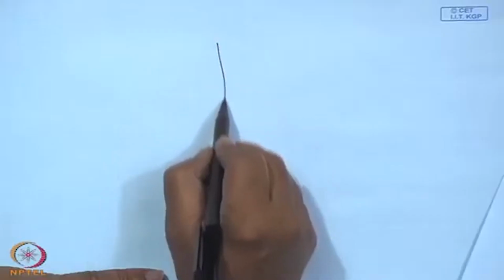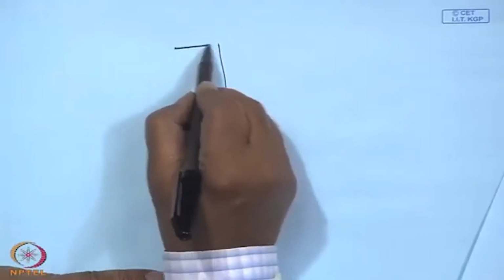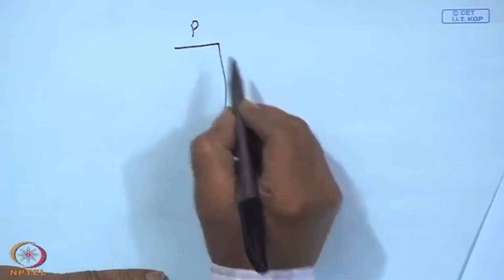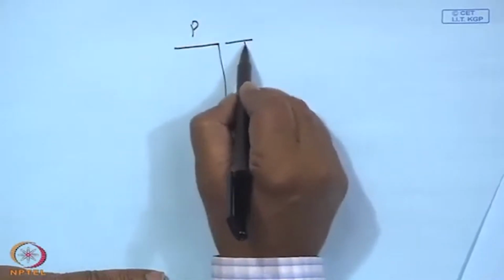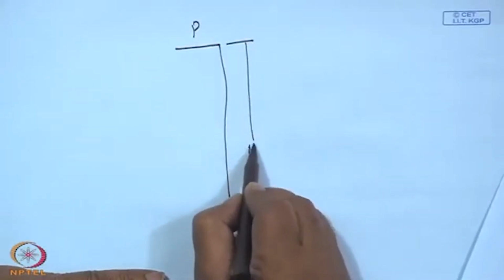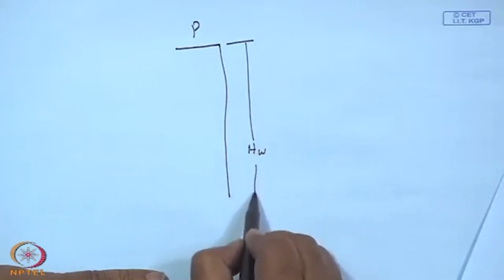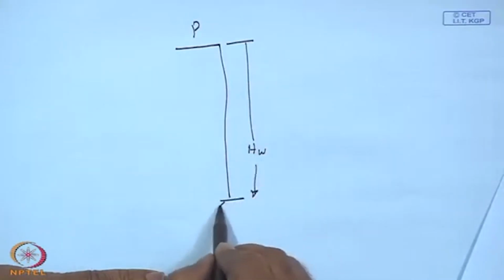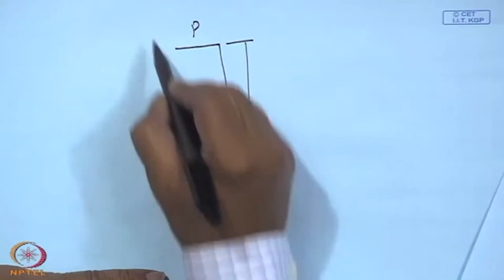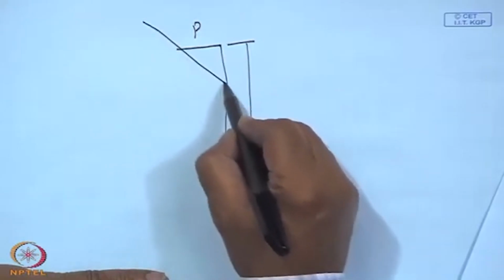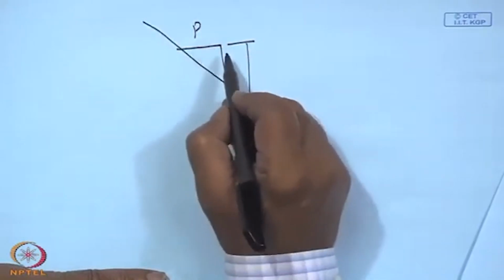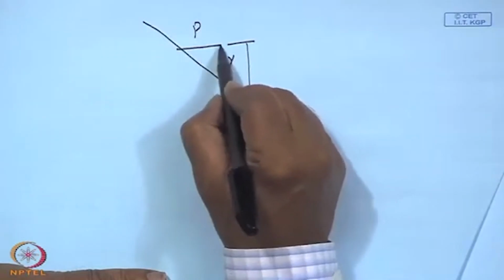If I show this in the side view, this is the projection P, and you have got h, the window height over a certain level, and then this is the sun's ray. So you have got a y.